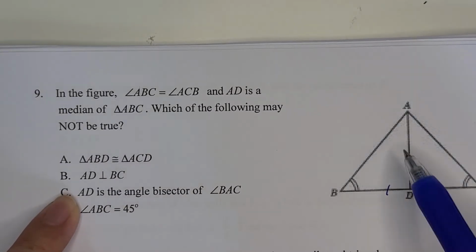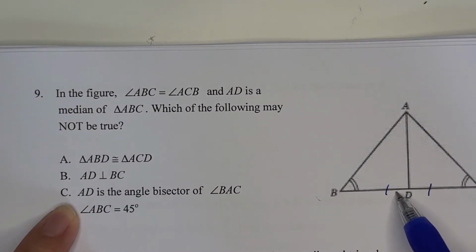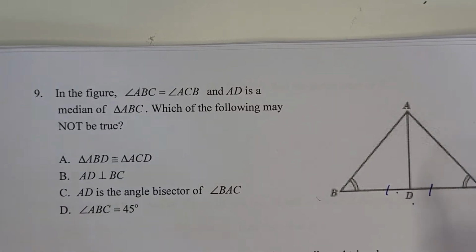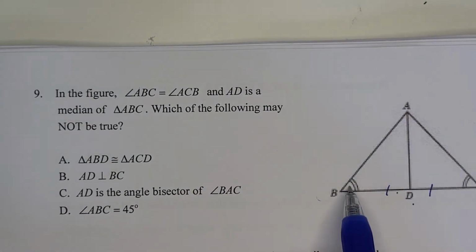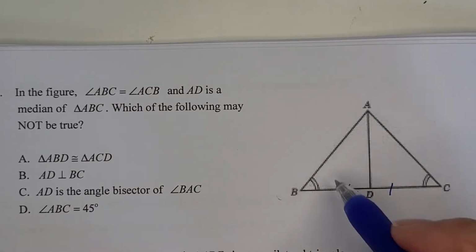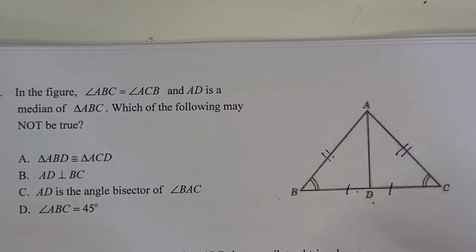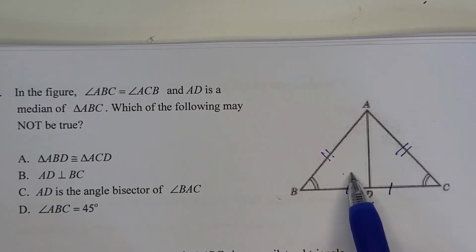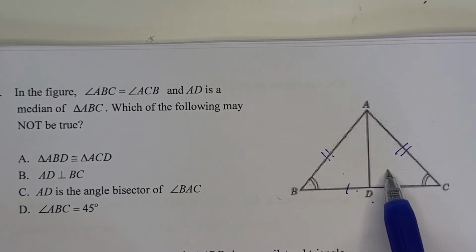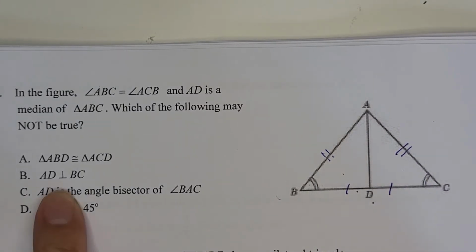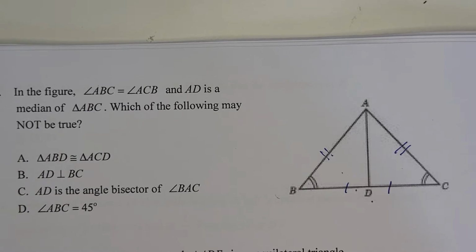First one, triangle ABD is congruent to triangle ACD. That's always true because the question told you that these two angles are the same. So the sides opposite equal angles are also the same, and hence these two triangles are congruent because of SAS.